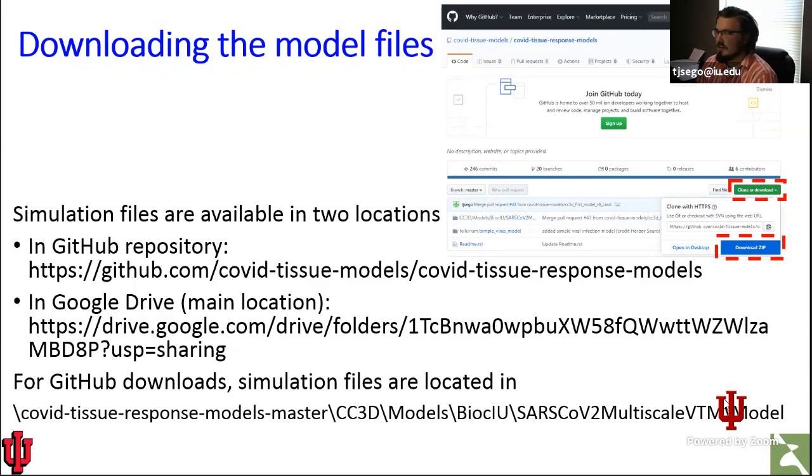Now, for those of you who are GitHub allergic, we've also made this available on Google Drive. And this monster link is also dropped into the chat. So you can follow this link, and this makes available the simulation files as well for direct download. For those of you who do go the GitHub route, you may also want to go to Google Drive momentarily.